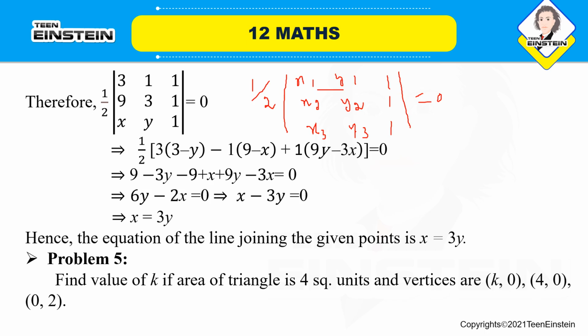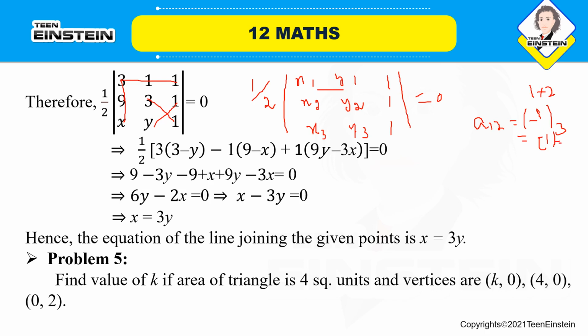Now expand this determinant. So half into, in the 1 1 position we have the element 3, so 3 into the 2 by 2 matrix (3, 1; y, 1). In the downward arrow this is 3, minus in the upward arrow y. Then in the 1 2 position we have the element 1, for this position we have a minus sign, that is minus 1 to the power 1 plus 2, so actually this is minus 1.